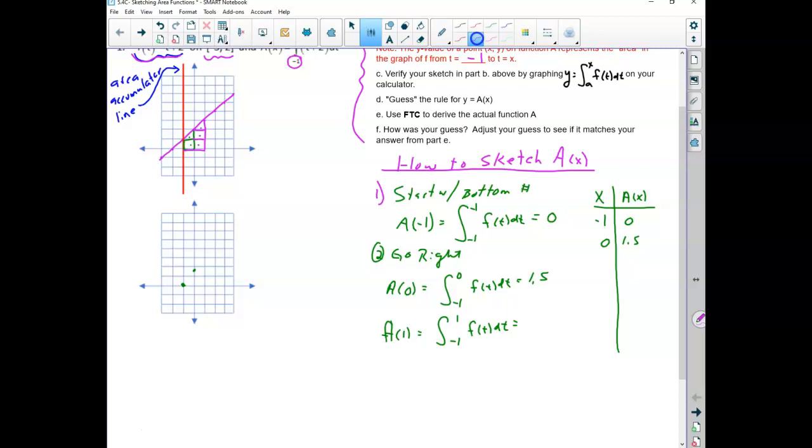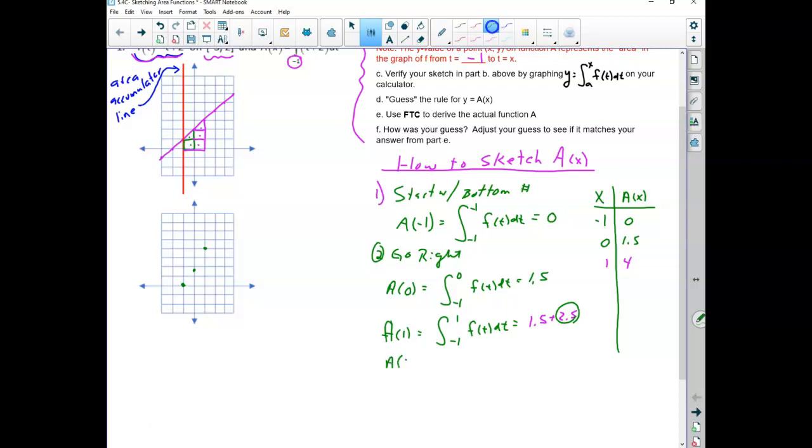So A of 1 is actually going to be my 1.5 plus that extra 2.5. So when I plug a 1 in, I'm going to get a 4 out. So then I can come over and say 1, 1, 2, 3, 4. Or the other thing I could do is go from right here, move over 1 to the right, and then go up that extra 2.5 that I just accumulated from that curve, or from that point.